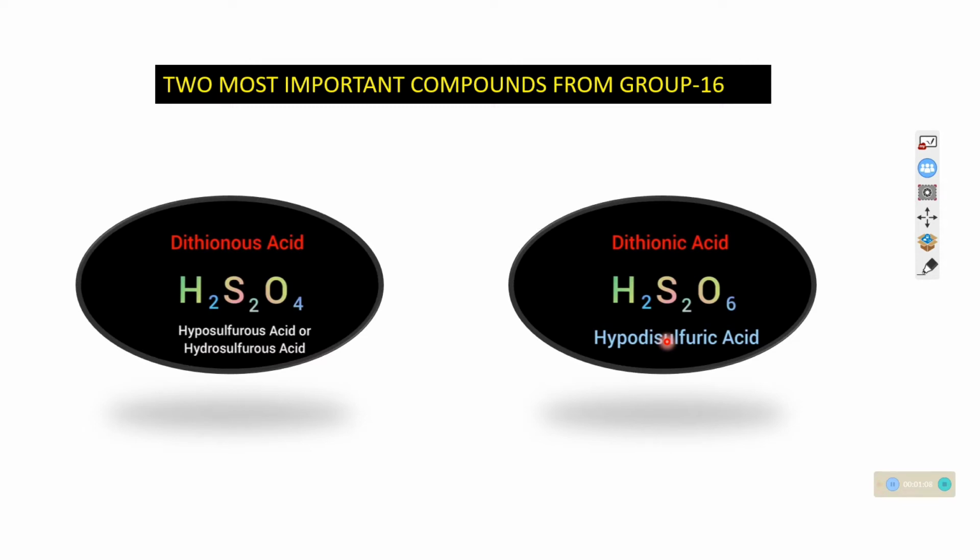These two oxoacids of sulfur are very important regarding competitive exams like CSIR-NET, GATE and IIT-JAM, etc. We will concentrate only on their structural properties and find some comparison between these two acids, some similarities and some differences.